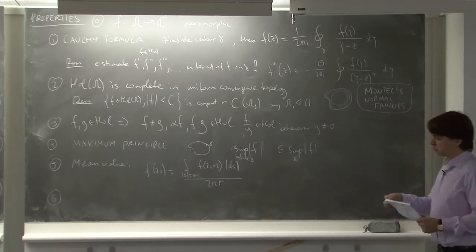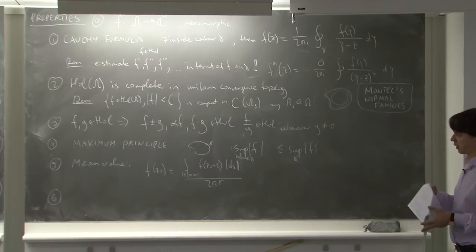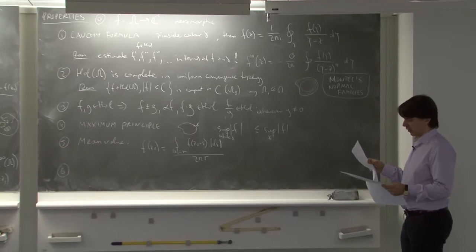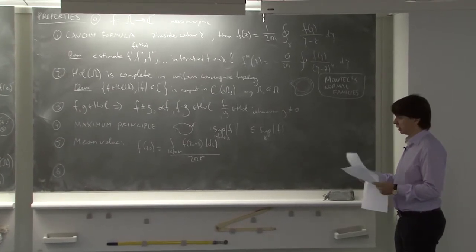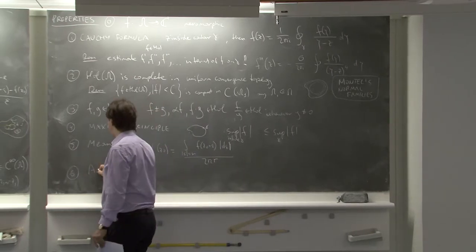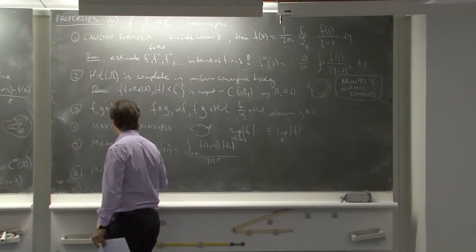And the last property we will need, which sometimes allows us to check that a function is actually a conformal map. So this is the so-called argument principle.